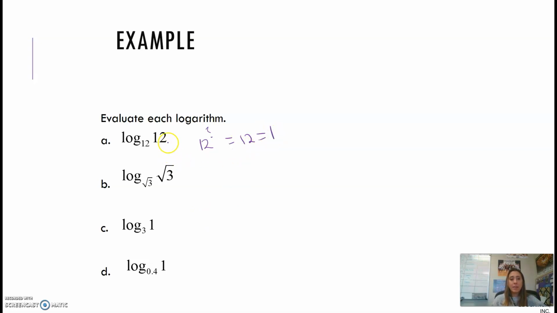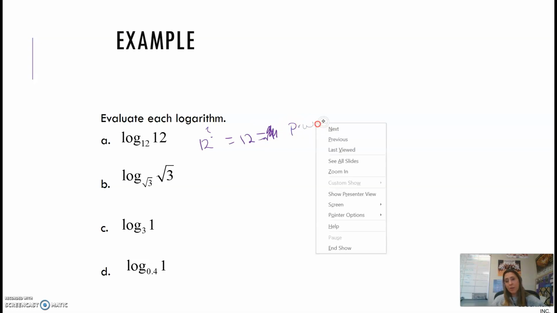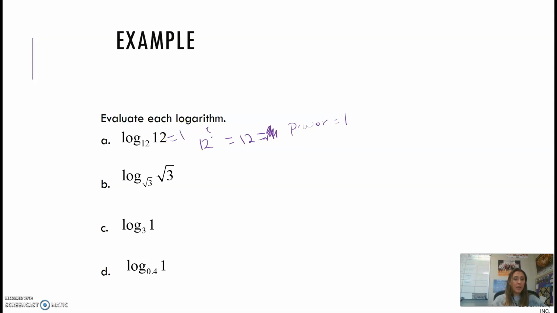This whole thing doesn't equal 1. It equals 12 to the first power. So the power is equal to 1. So this whole thing equals 1. So go ahead and try the next one. Go ahead and hit pause and try it.